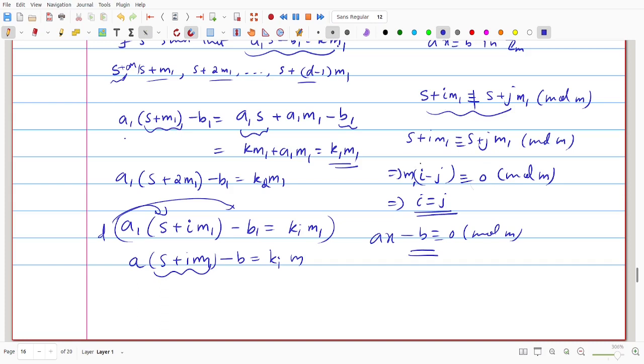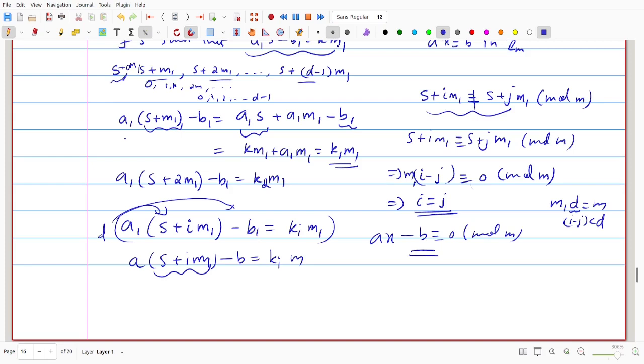Because we know that m1 times d is m. So i minus j is always less than d, because we take s plus 0 m1, s plus 1 m1, s plus 2 m1, and so on, all the way up to d minus 1.